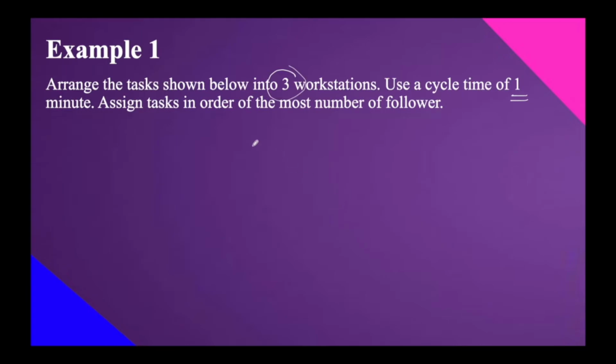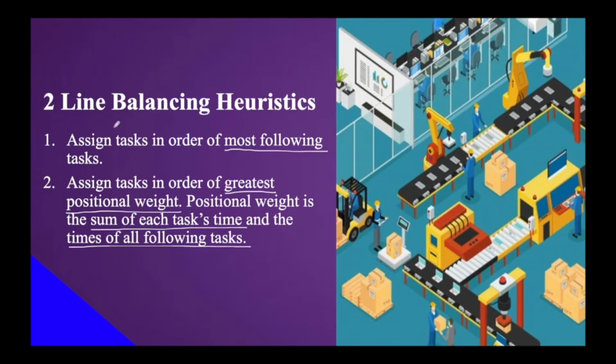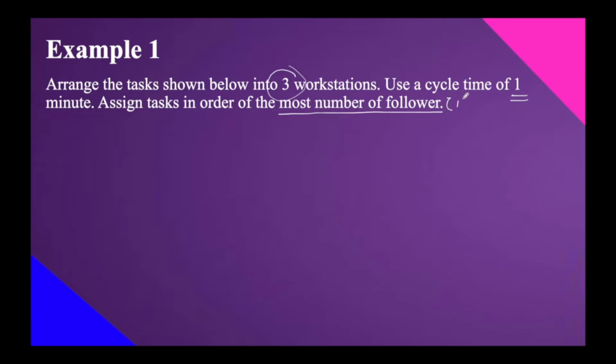So, 1 minute. Assign tasks in order of the most number of followers. Okay? Most number of followers, this is the first line balancing heuristics. Okay? Let's have it here. Para maalala natin na first heuristics yung gamit natin.